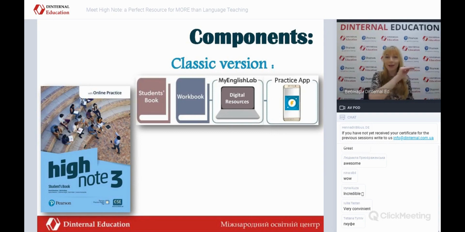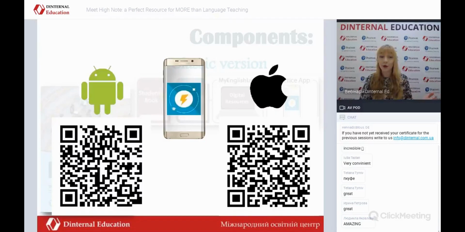So it's not leveling them all on one level in the classroom, but giving them a more individual approach, even with such a task as listening. If you want to try it out, it's actually free, and some listening tracks are open for everyone. So if you have your mobile phone right now, here's a QR code for Android users and for Apple users.